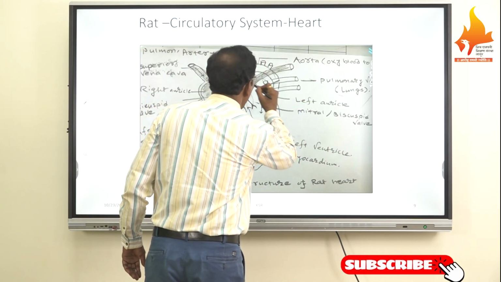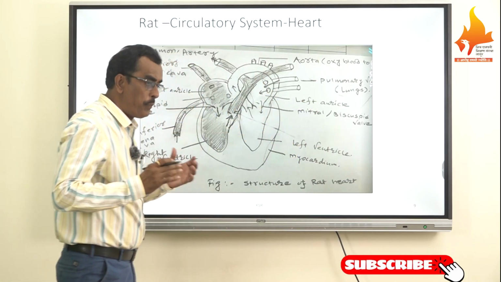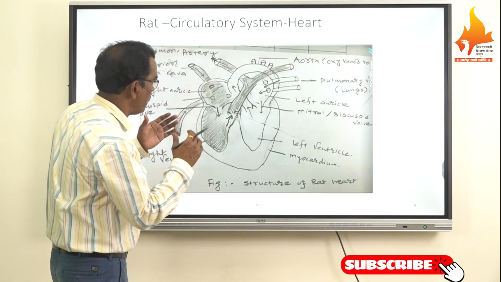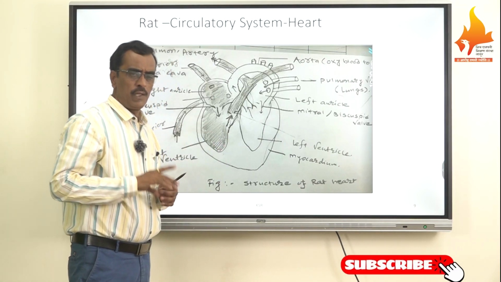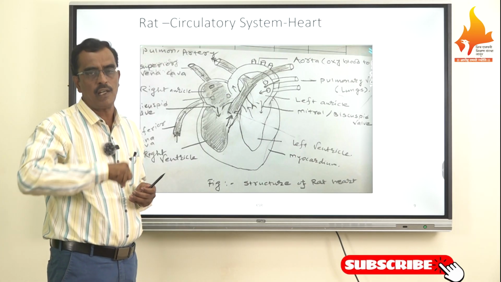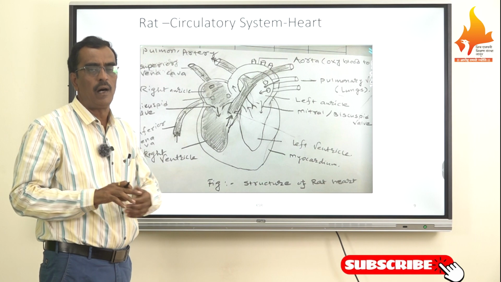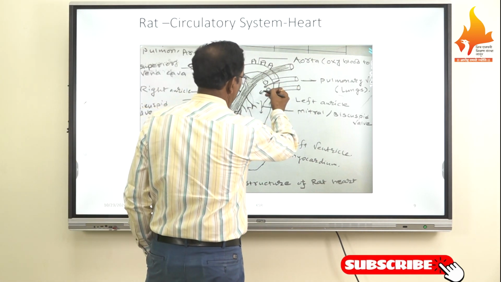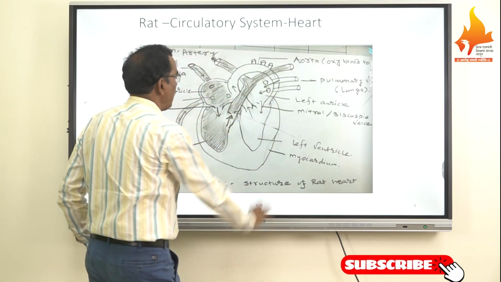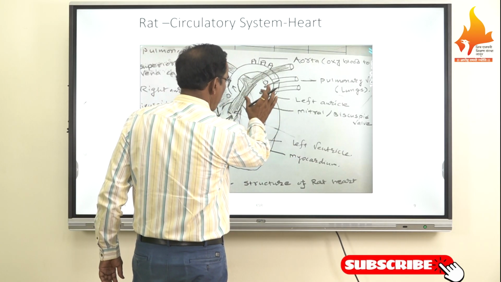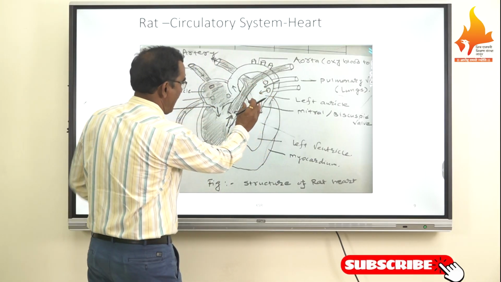The pulmonary vein brings the pure or oxygenated blood from the lungs into the left auricle. See, the right side of the heart contains deoxygenated blood and the left side contains pure blood.